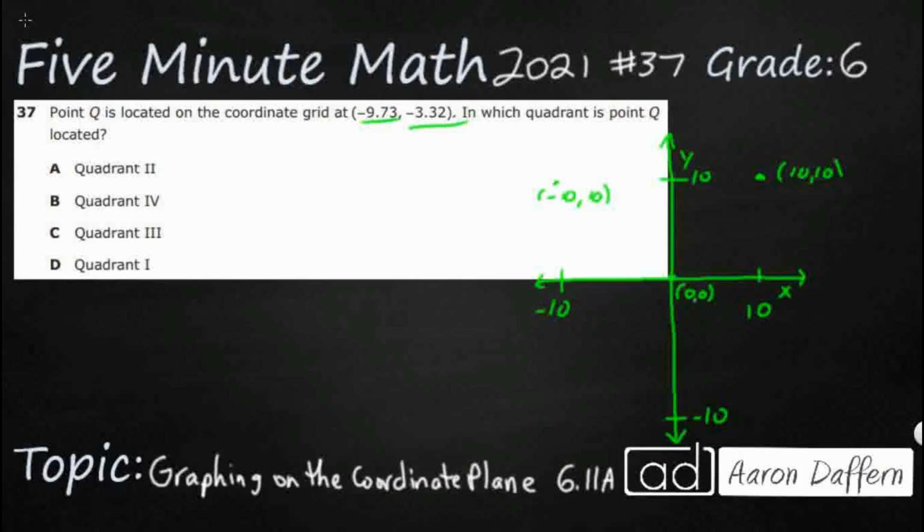If I were to go down here to the bottom left-hand corner, both my x and my y would be negative because I'm to the left of the origin and I'm also below the origin. And then if I were to go over here to the bottom right-hand corner, I would have a positive x because I am to the right of the origin, but I'm well below it. That gives me a negative y.